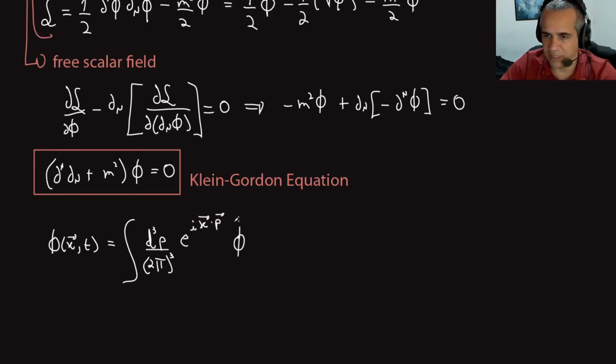So now I'm defining a different function. I should call it phi tilde, but I'm lazy, so I'm not putting the tilde. But remember, this function is not the same as this one. The variables indicate what function I'm talking about, just to avoid carrying this tilde all the time. I can invert this relation.